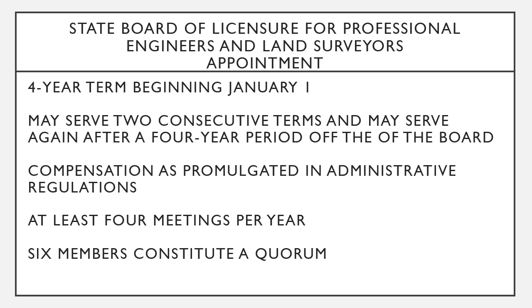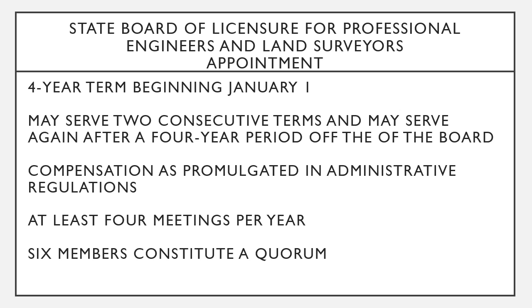Your colleagues and professional peers who are appointed to these positions on the State Board of Licensure will serve a 4-year term beginning January 1st. They may serve 2 consecutive 4-year terms and then may serve again after a 4-year hiatus from service on the Board of Licensure.